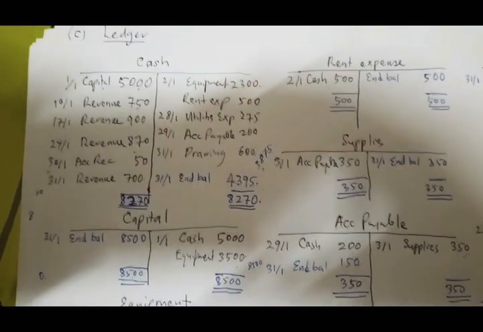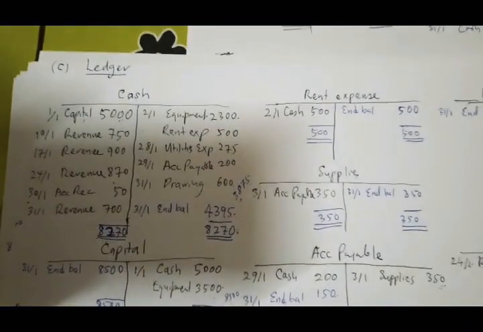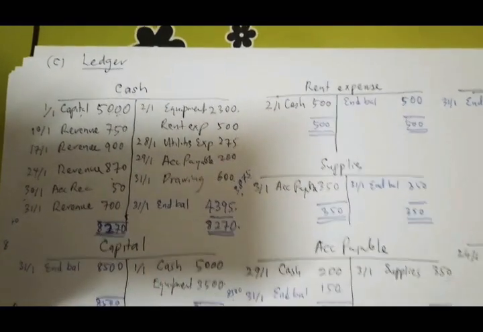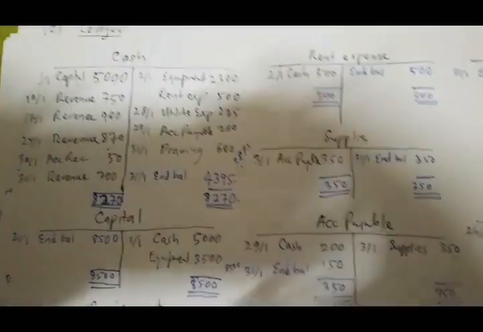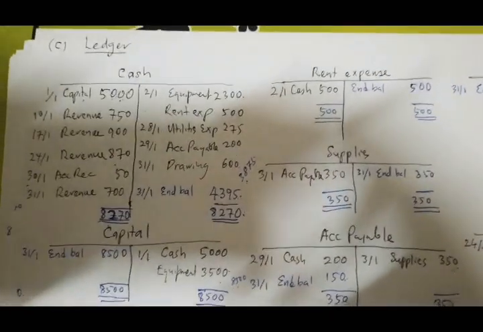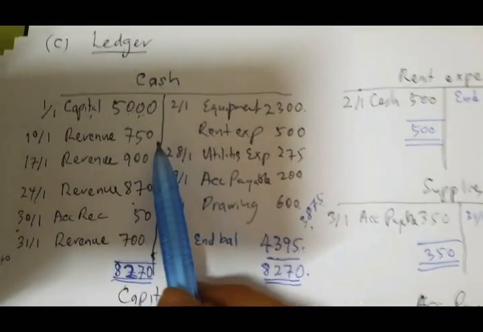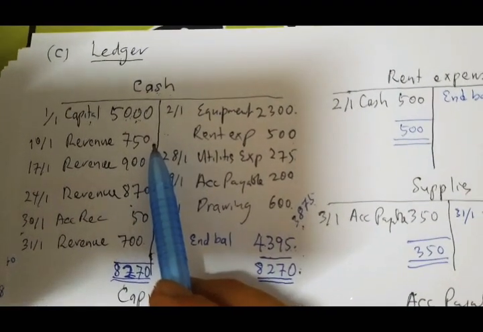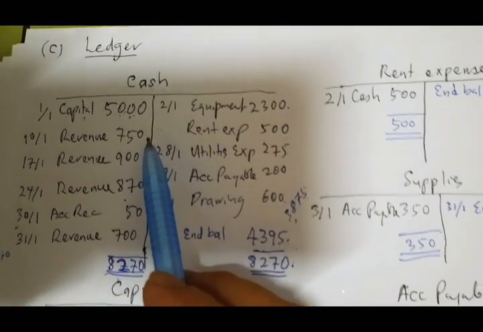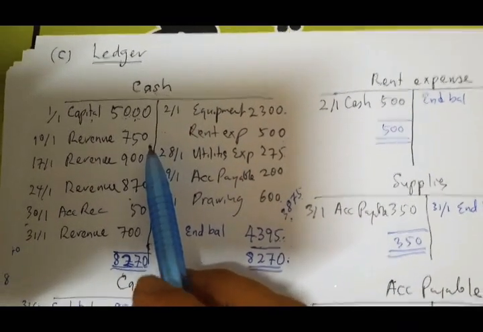You have seen how to transfer the journal entry into the ledger. The ledger contains many T accounts, so you have to transfer one by one. You have to transfer all the entries in the general journal into the accounts in the ledger.